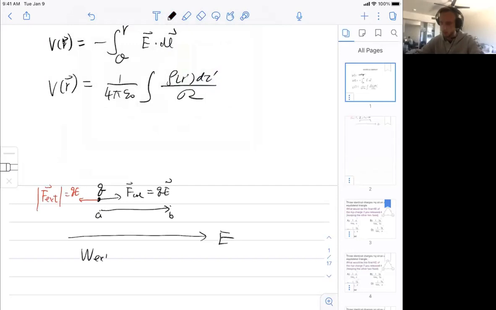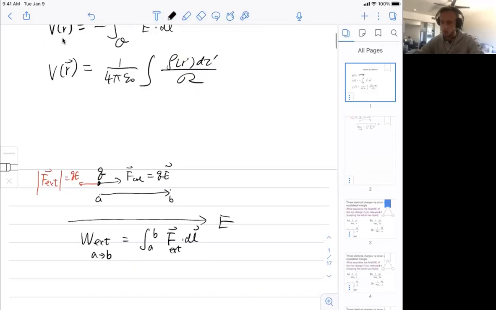The work that you have done by moving the charge from A to B is the integral from A to B of F dot dl. This is your work, right? And your F is negative QE, because it's in the opposite direction of E dot dl. So I replaced F external with negative QE.